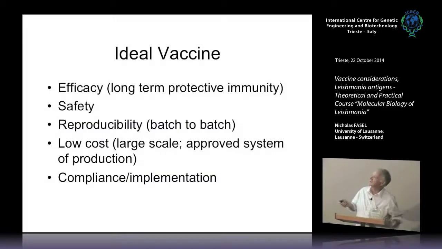Large scale, so it means you need to produce at large level, and have an approved system of production. And one point which is also quite important is compliance, how many people will accept this vaccine, the implementation, how many doses, and what are the times between the different shots that you will probably use.